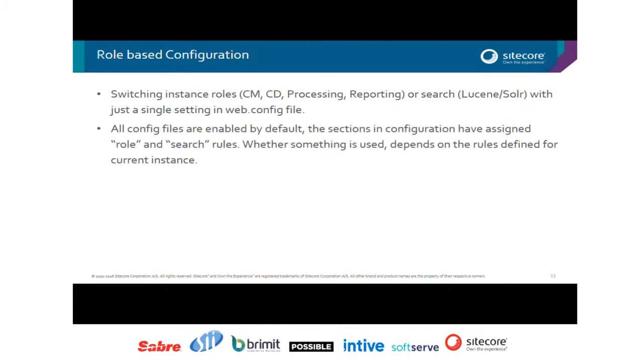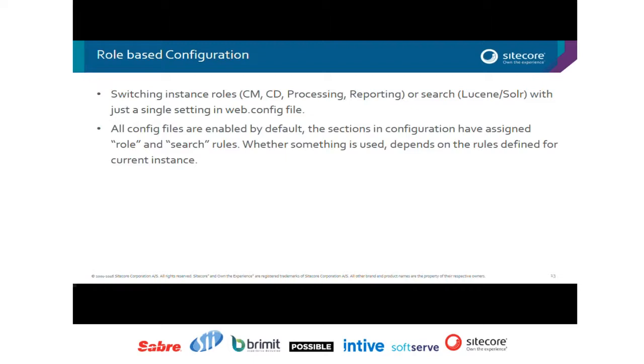There is another huge change, which is called rule-based configuration. Right now, if you want to switch the server role, for example content delivery, content management, processing, reporting, you have to change hundreds of files.